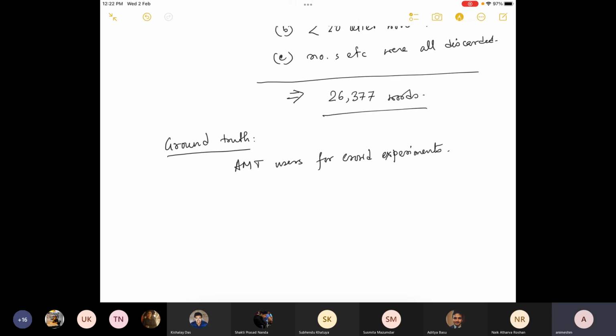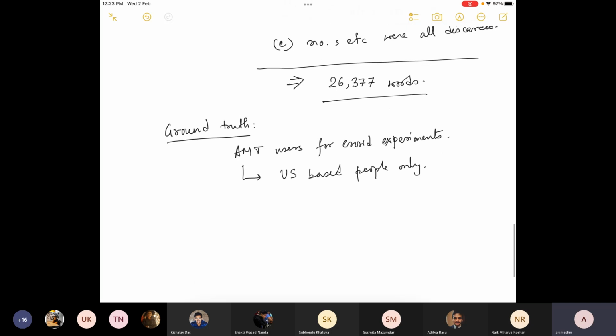Now what did they specifically do here? First of all, they restricted their AMT users to US based people only, because they were mostly doing experiments on the English dataset. So that's why they restricted their user base to the United States population only.